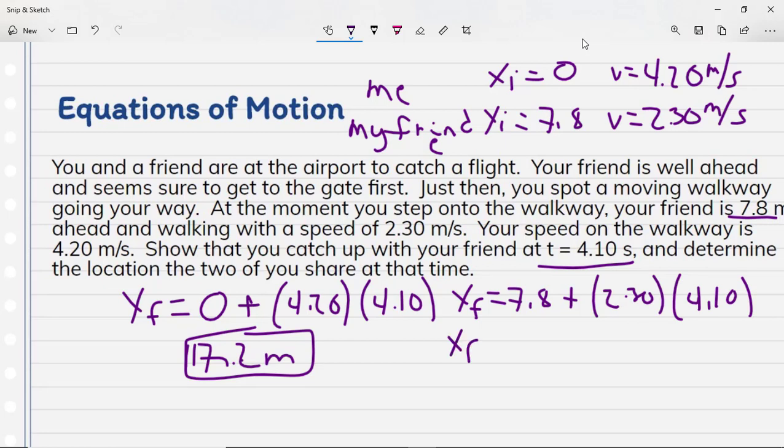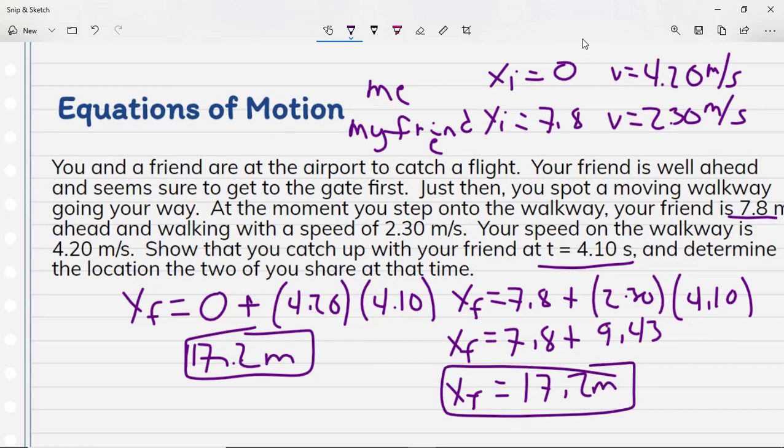I'm going to get x of f equals 7.8 plus 9.43, and you add those together, you roughly get the same final position. Okay? So all this is a matter of is just finding out information, looking at what variables you have, and then plugging in and solving. Make sure you're aware of positive and negative magnitudes of velocity as well.